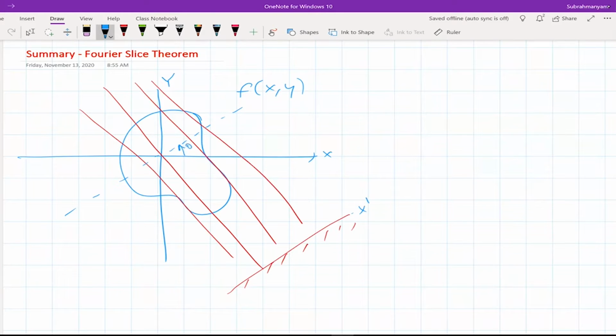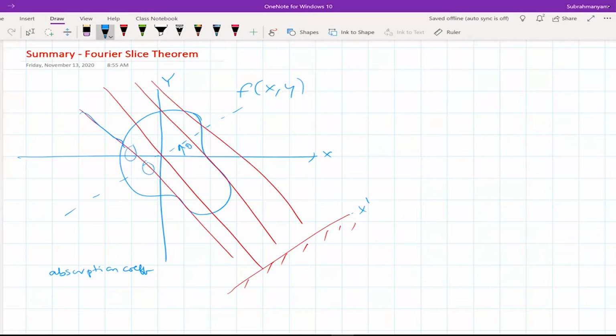Now what you are in fact measuring, in case of X-rays, is the absorption coefficient by various tissues and structures in the head. So if a head CT image is taken, X-ray is coming like this, and there are different objects in between.